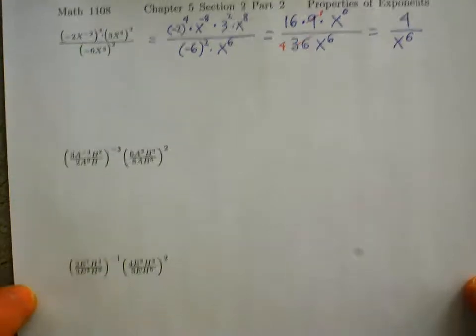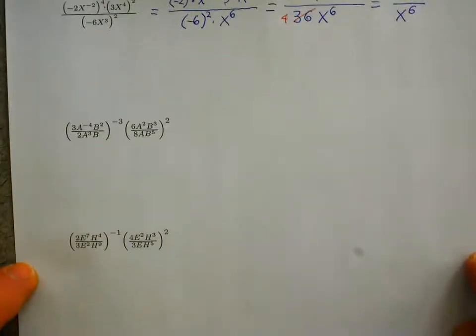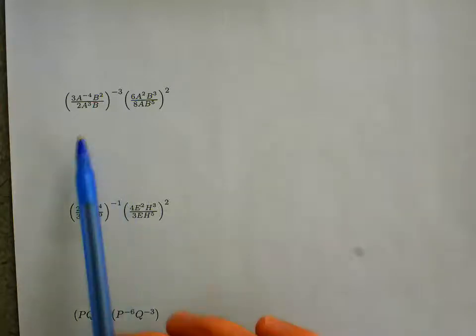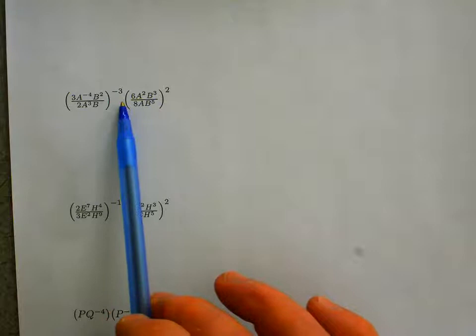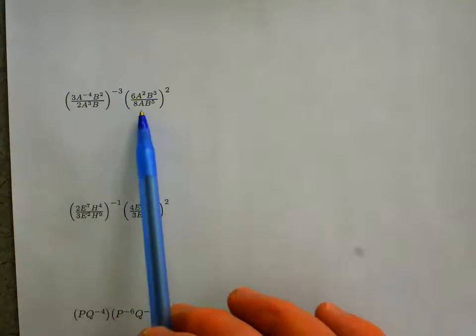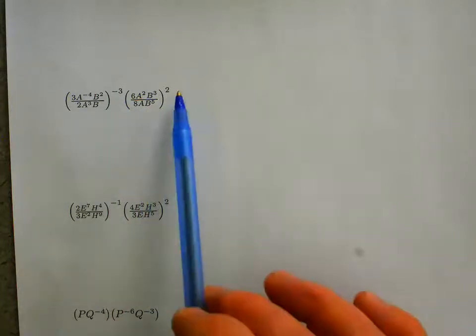Okay, the next one. We have a rational expression raised to the exponent negative 3, and we're multiplying that by another rational expression raised to the power of 2.